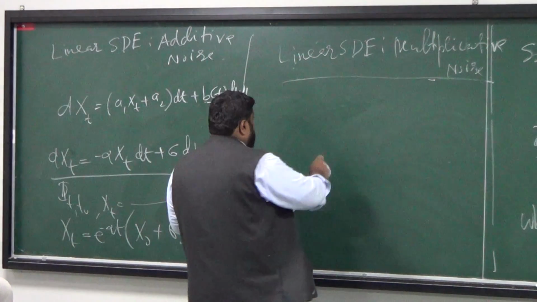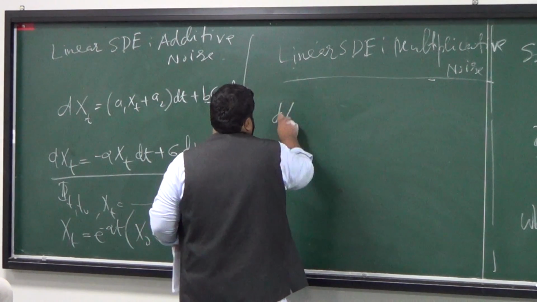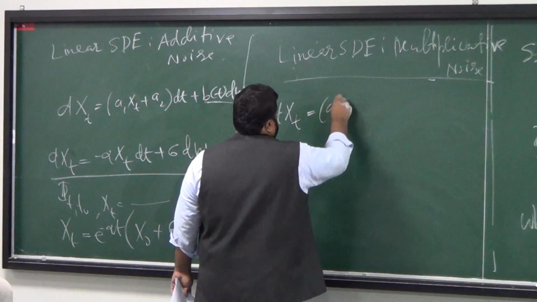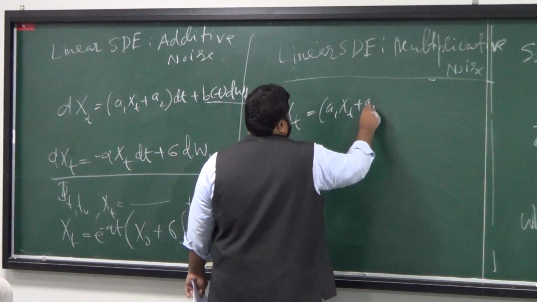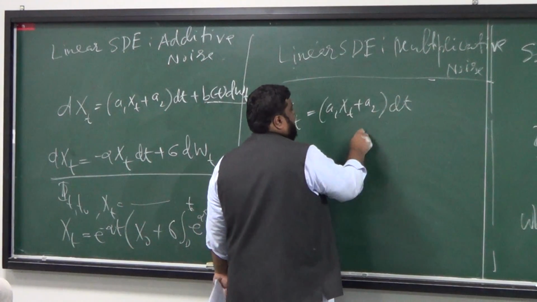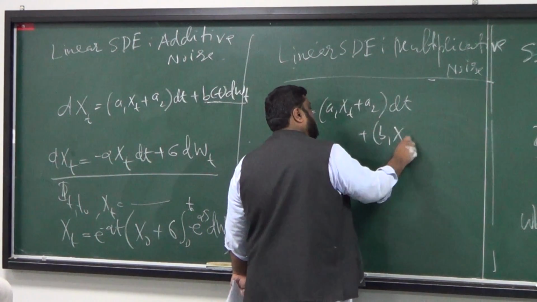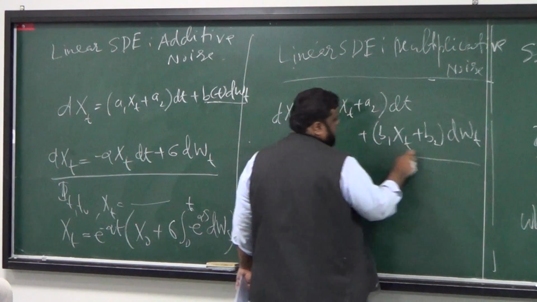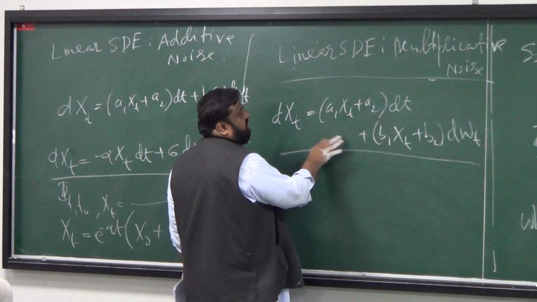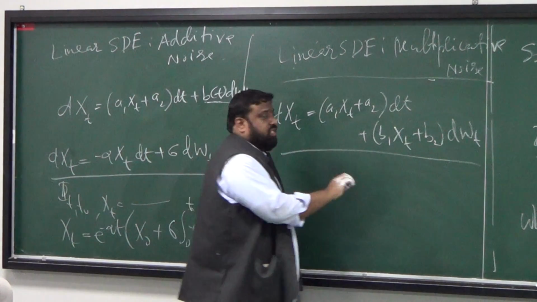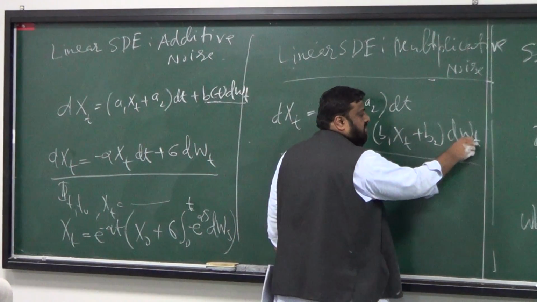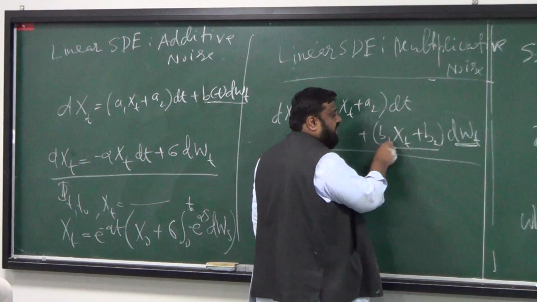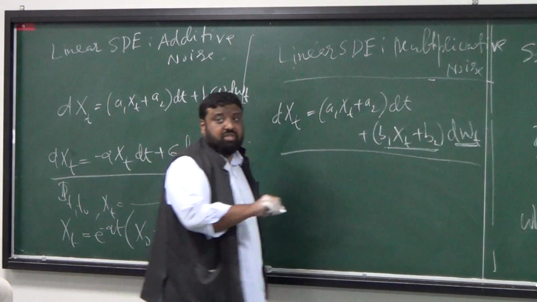So any SDE of this form, (a1 x_t + a2) dt + (b1 x_t + b2) dW_t, is an equation with multiplicative noise, because the Brownian motion is multiplied by a function that depends on x.